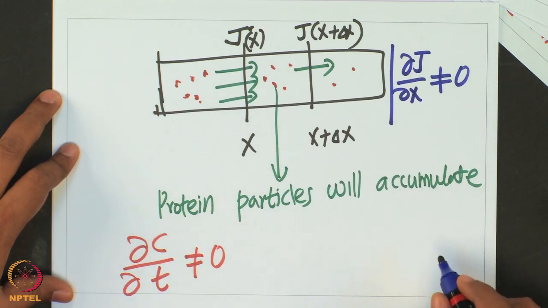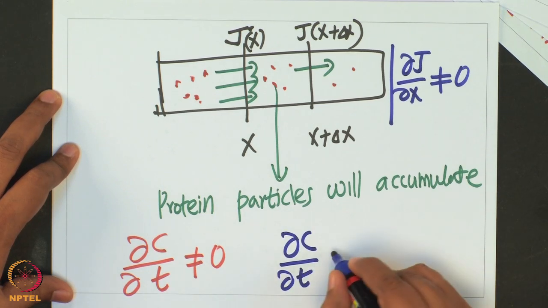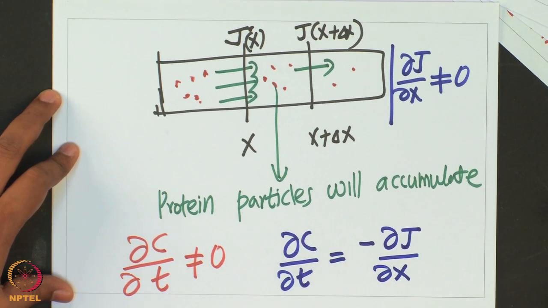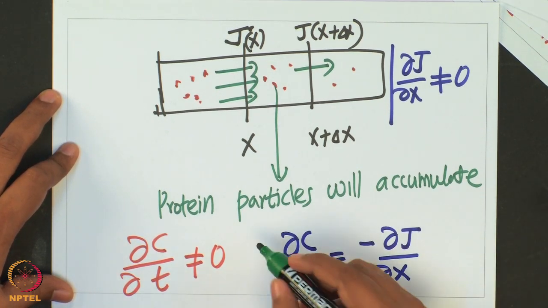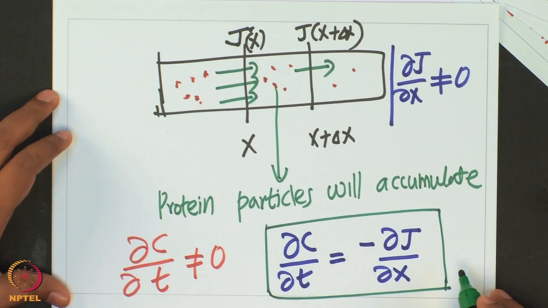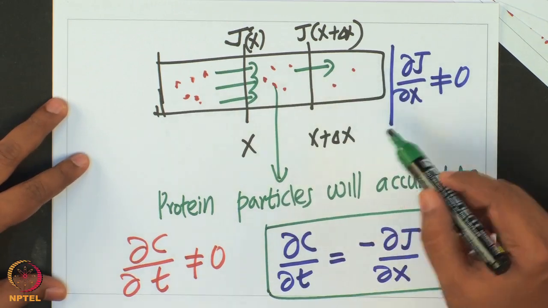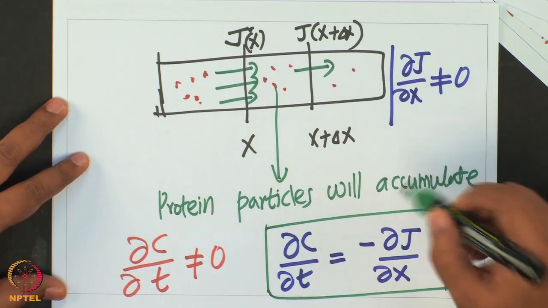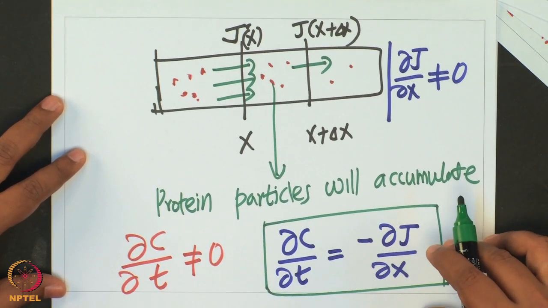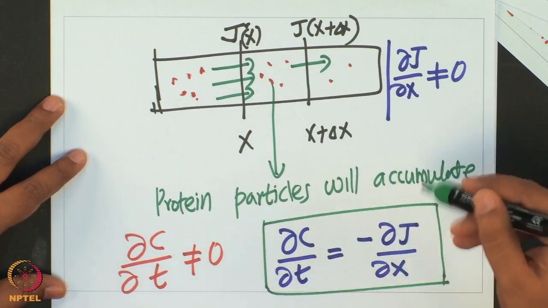And the claim is that del C by del T is minus del J by del X. This is the claim. This equation is called the diffusion equation. This equation is also called a continuity equation because the only thing we said here is whether whatever comes in goes out or not. That's the only thing we checked. We checked essentially the continuity, and this continuity will describe the phenomenon of diffusion, and this will give us the diffusion equation.